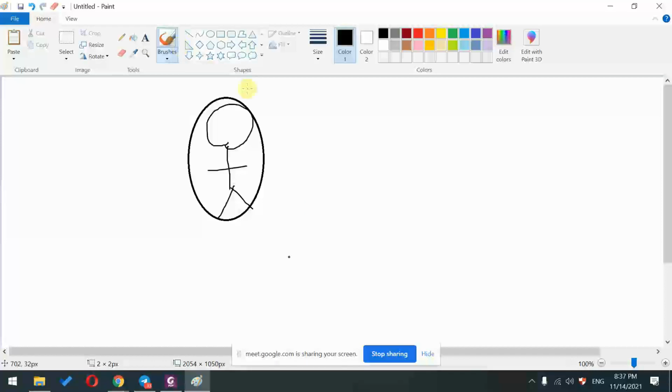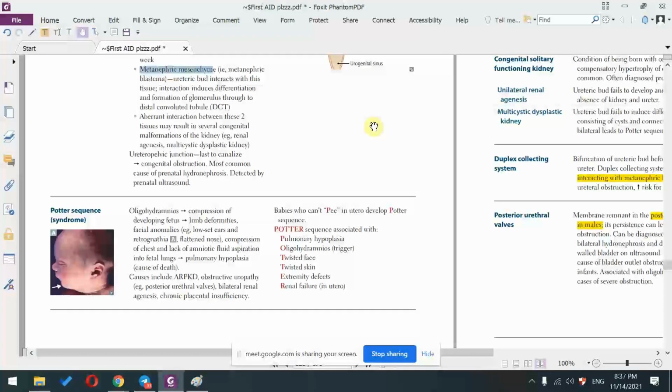Okay, next. So we have here the following. They write, ureteric bud fails to develop and induce differentiation of metanephric mesenchyme, so you will have complete absence of the kidney and the ureter. This is the first reason why you will have a completely dysfunctional one kidney, not two.